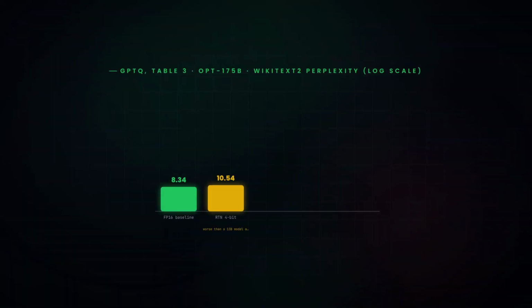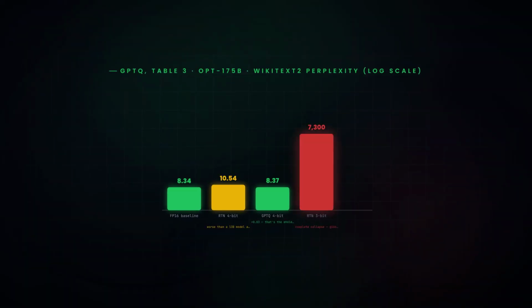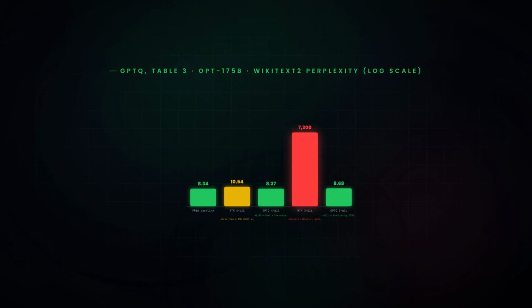Full precision OPT 175B scores a perplexity of 8.34. Naive round to nearest at 4 bits, 10.54, which sounds close until you realize that's worse than a full precision model 1/10 the size. GPTQ at 4 bits, 8.37, 0.03 of a point.